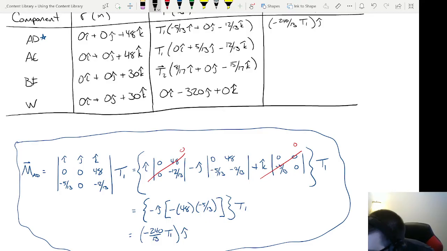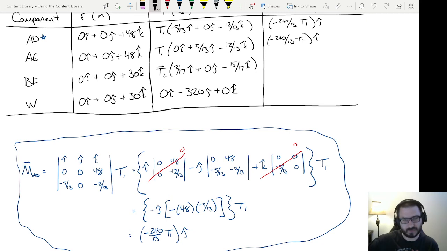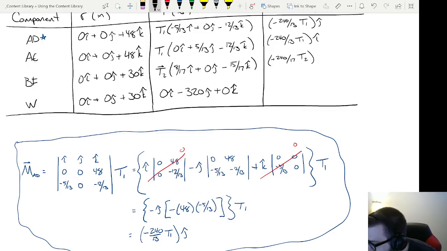So for MAE, you end up getting negative 240 over 13 T1 times I. That's what happens when you do all that multiplication. For BF, you end up getting positive 240 over 17 T2 times J. This is J. Let me do a little bit better job. I think my I's and J's might get a little mixed up.